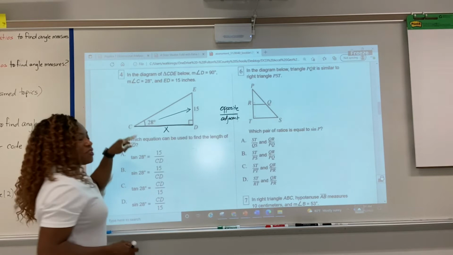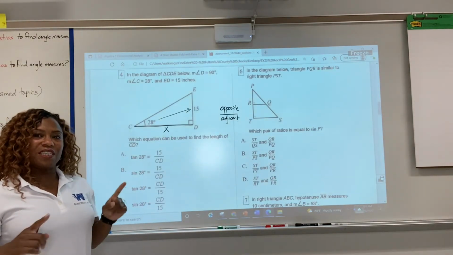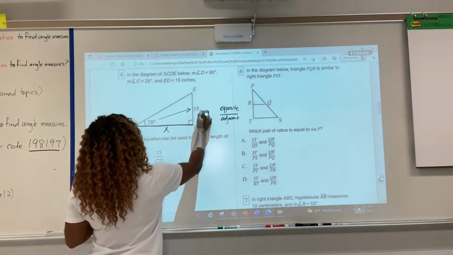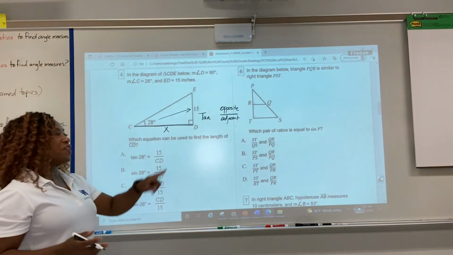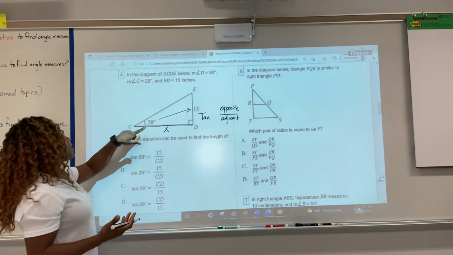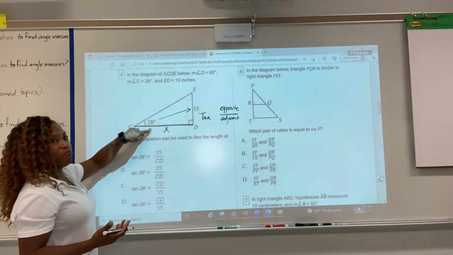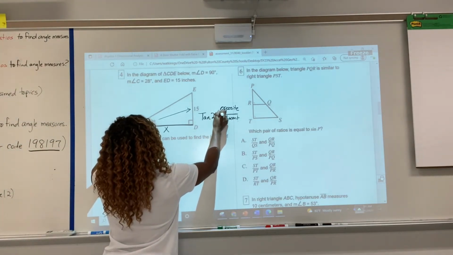Now, opposite over adjacent, remember that's tangent. SOHCAHTOA: tangent, opposite over adjacent, which tells me I'll be using the tangent function. I'll be using the tangent function for angle C, because that's what I've been given. Since C has a degree measure, I can put 28 degrees here.